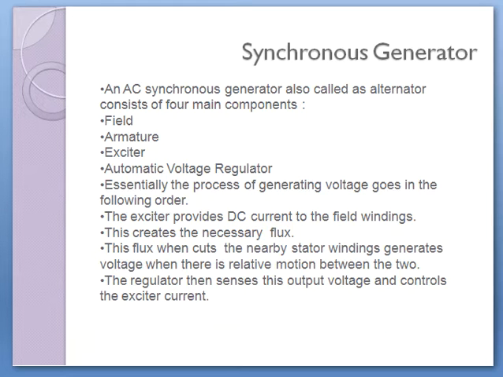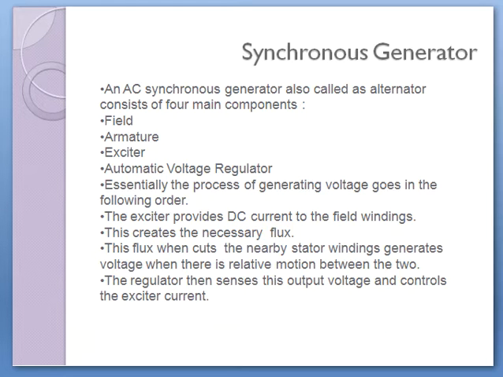So, now we understand that an AC synchronous generator consists of four main components. They are the magnetic field, the armature which holds the windings, the exciter which gives the DC excitation to the field, and the automatic voltage regulator. The exciter provides DC current to the field windings.